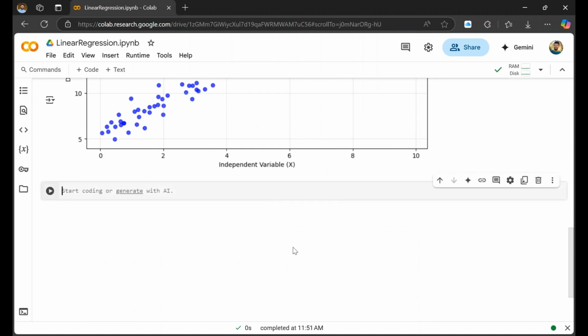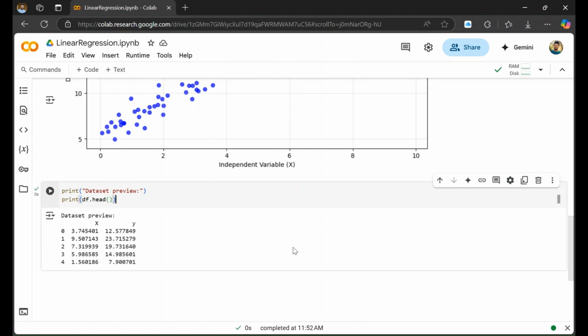Let's review the head of the data set. This is not the complete data set, we're just taking some values.